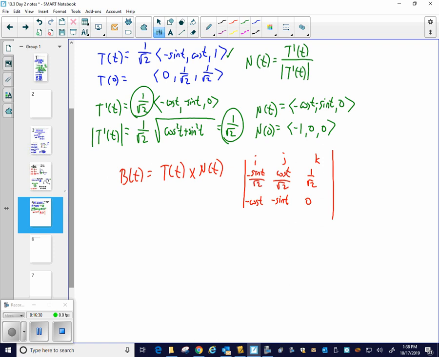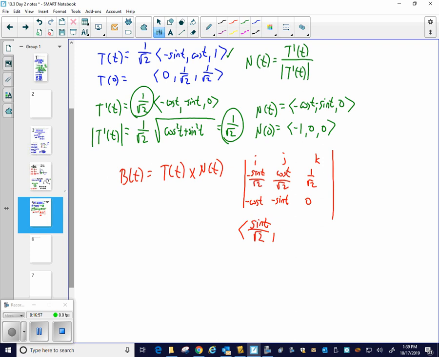All right, so let's see what we get for a cross product here. If we eliminate the i row and column, we are going to get 0 minus sine t times 1 over root 2. So we should get sine t over root 2. The j row and column, we're going to get 0 minus cosine t times 1 over root 2.